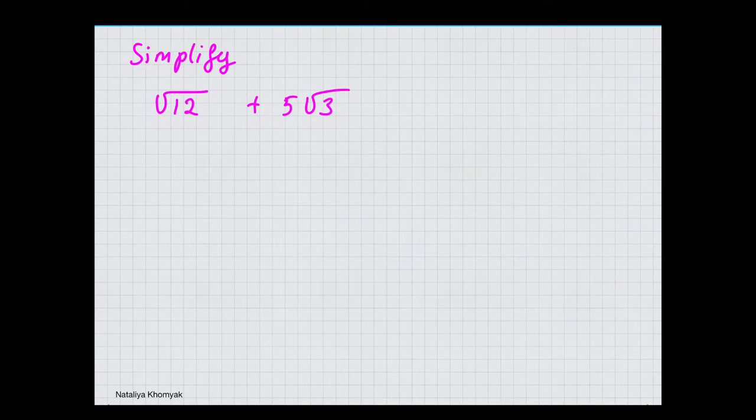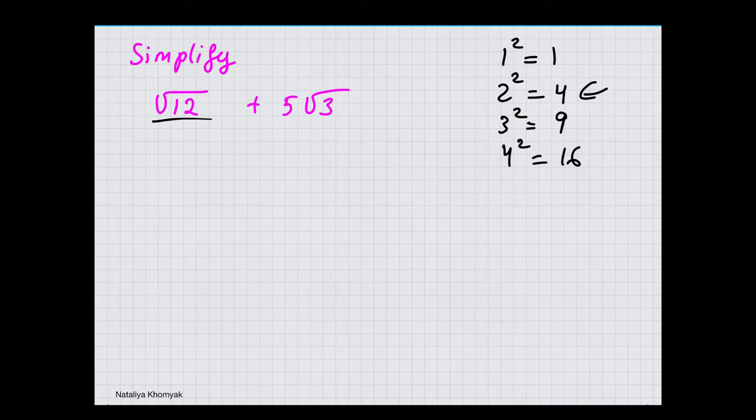Here we have to simplify square root of 12 plus 5 radical of 3. First thing we want to do is simplify this radical. So the largest perfect square that will go into 12 will be 4. That's a square root of 4 times square root of 3 plus 5 radical of 3.